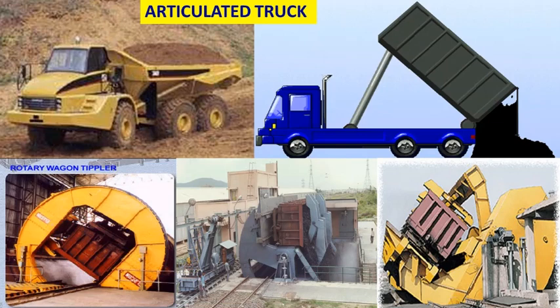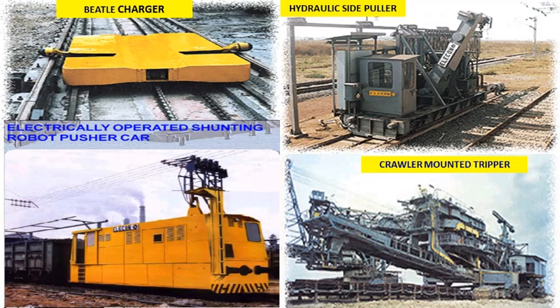Now, after receiving the coal in the coal handling plant by various transport processes, this has to be unloaded. For the rail system, we have unloading systems like wagon tipplers, and there are tippler cars for coal coming with the roadways.